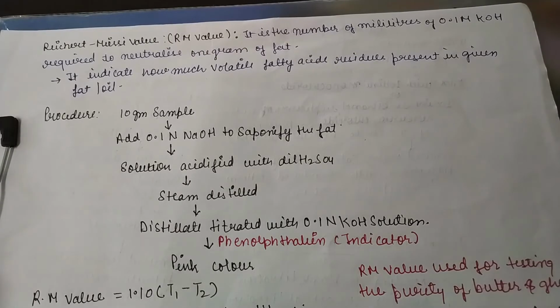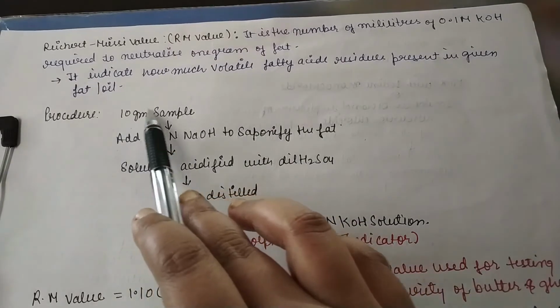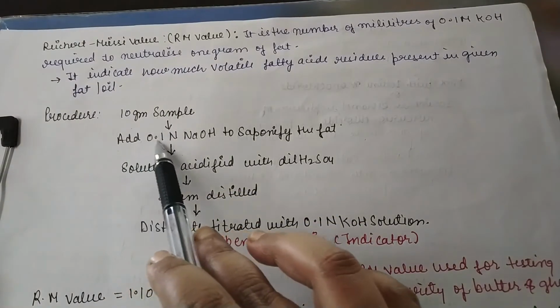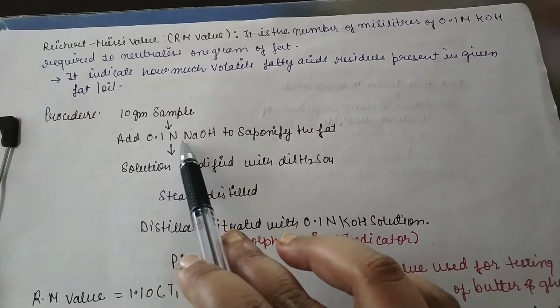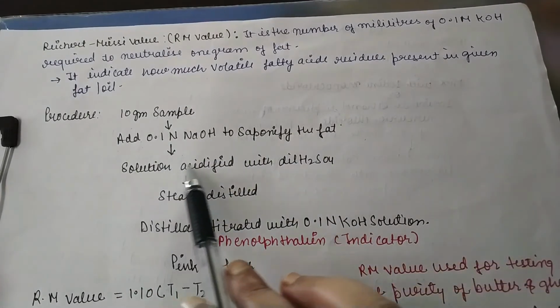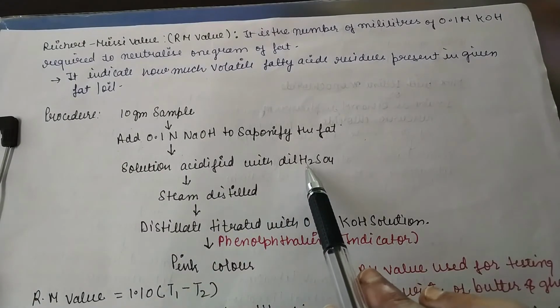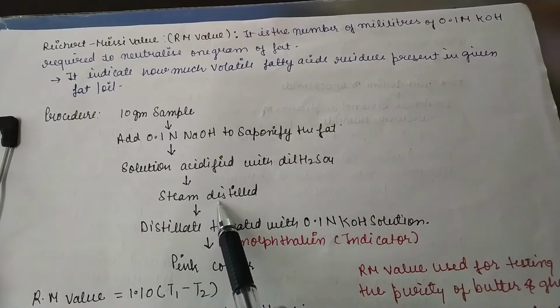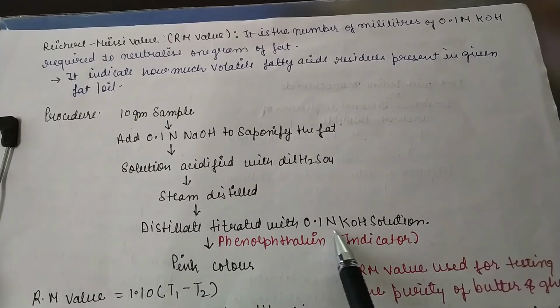Let's discuss the analytical procedure to calculate RM value. 10 gram of sample is added with alkali to saponify the fat. The solution is acidified with dilute H2SO4 and steam distilled, and this distillate is titrated with 0.1 normal potassium hydroxide solution. Phenolphthalein is used as an indicator and pink color appears as the endpoint.